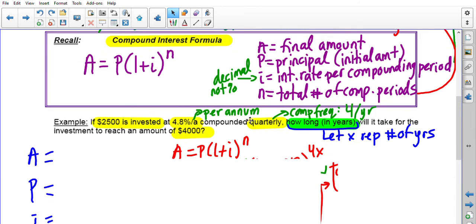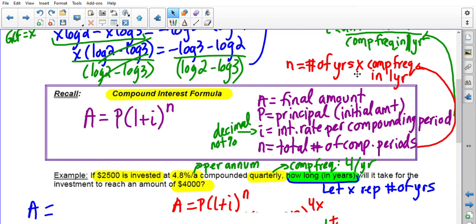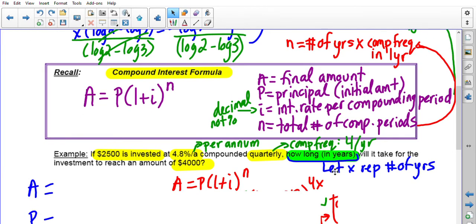The biggest problem here is that sometimes students, when it says how long in years, have to remember this formula up here. The number of years is technically not the letter n. The letter n is the number of compounding periods, but we're asking for the number of years. So I pick another variable: let x represent the number of years.